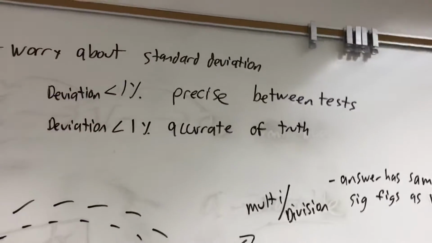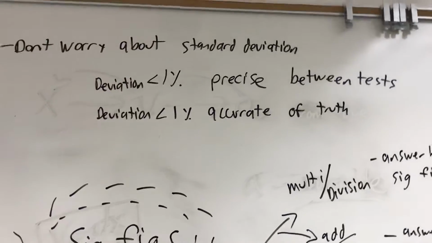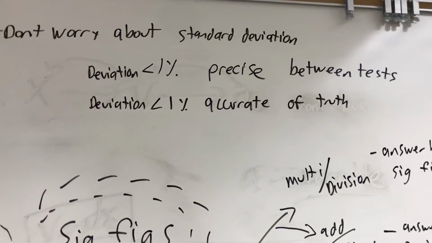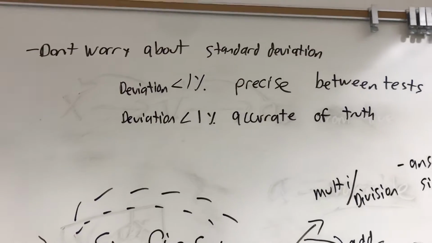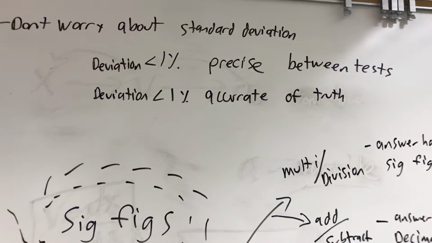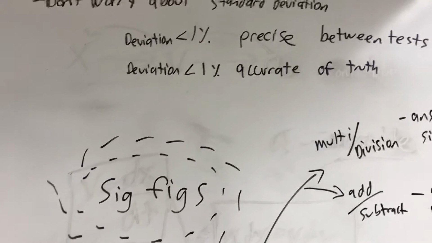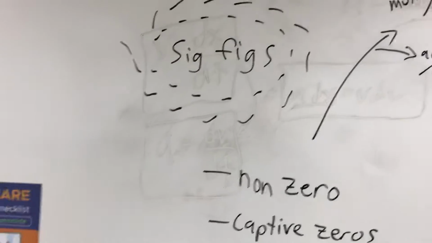So that's precision and accuracy. And just a reminder of the difference: precision is hitting the same place multiple times, and accuracy, or truth, is that it's in the right spot.